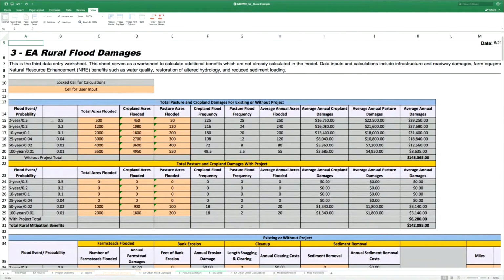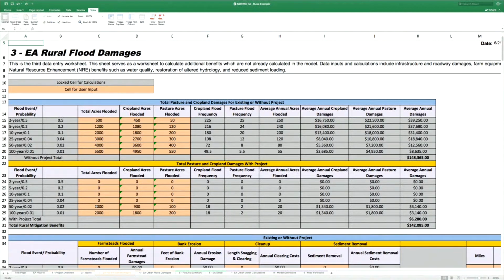So for the 2 through 100 year event, we've plugged in acres of farmland. You can do this in a number of ways. If you have FIS mapping, you can look at an aerial, or you can have some GIS exercise to quantify those acres and inventory the general area of how much flooding there is.